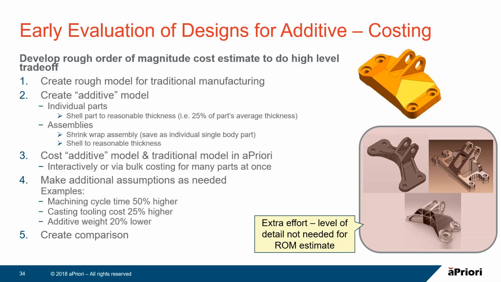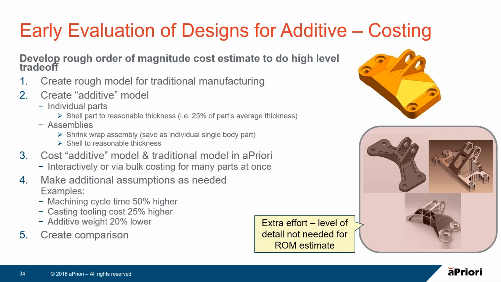So in order to facilitate that rough order of magnitude estimate, we've outlined some steps for actually doing that. Step one would really be to create a rough model for traditional manufacturing. So that would be what we see in the upper right-hand corner. It's pretty rough. It could be machined, it could be cast. It's not exactly what that final part is going to look like, but it's close.